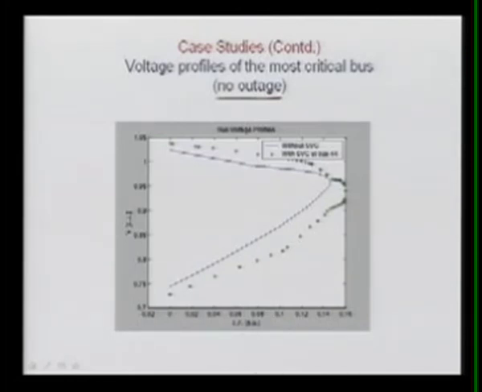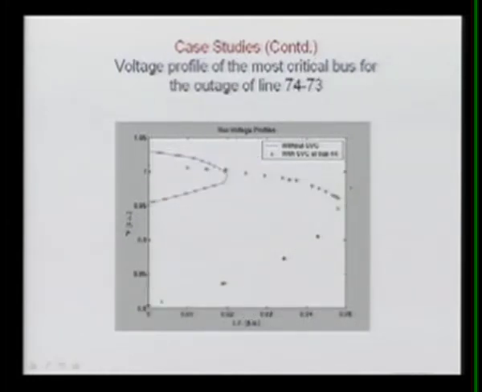So you can see the loading factor is increased up to this point, and the voltage is also improved. This is the operating voltage. So the voltage is also improved, and we improve the margin as well. Now let us see the outage of line 74 to 73, and this 74 is a very big line.